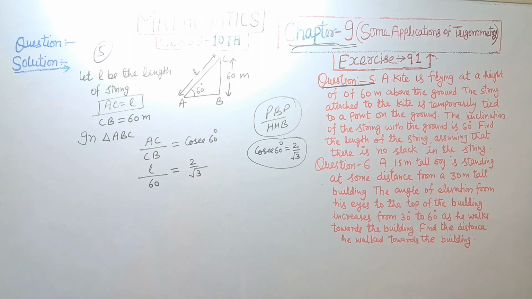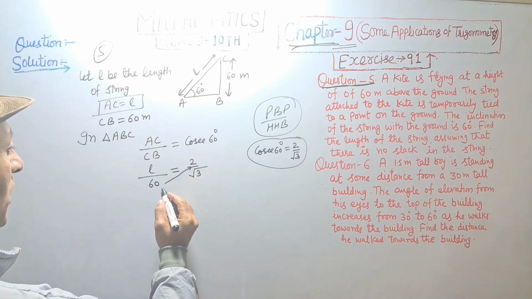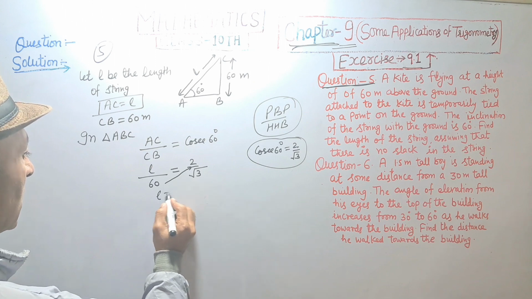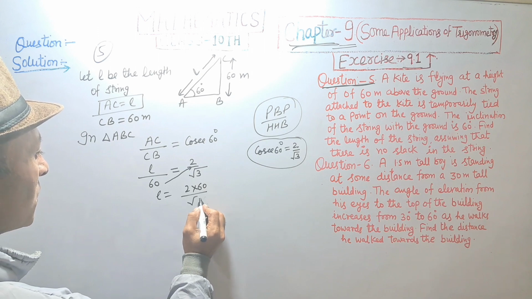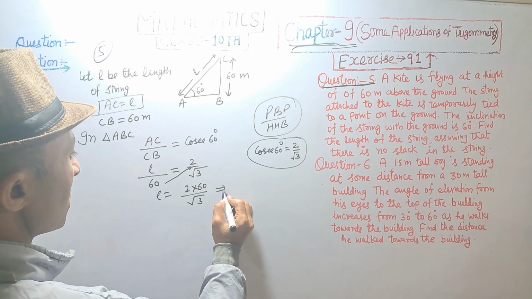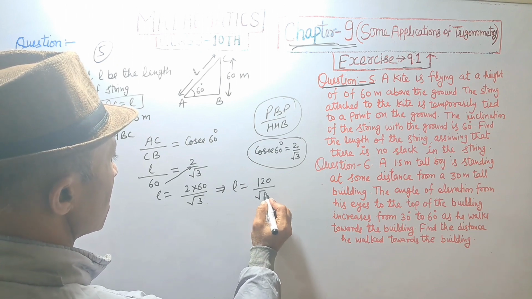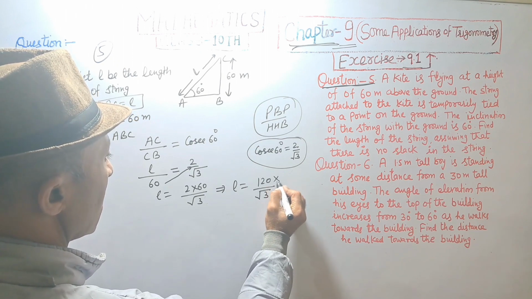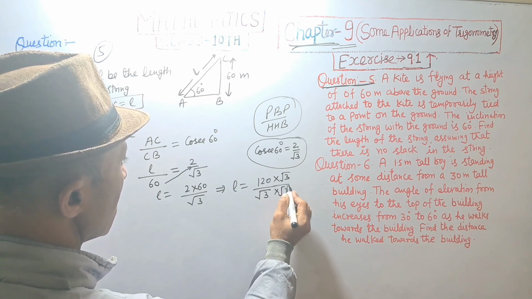2 upon root 3. We are multiplying 60 and 2. L is equal to 2 multiplied by 60 divided by root 3. This implies L is equal to 120 divided by root 3. We are rationalizing, multiplying and dividing by root 3.